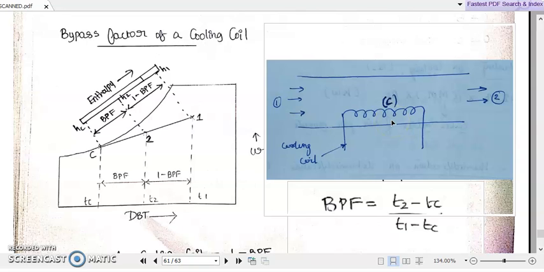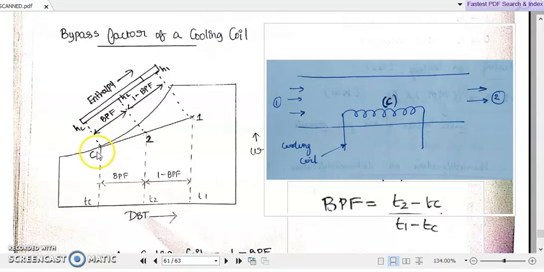The excess water vapor content in the air molecules which touch the surface of the cooling coil will get condensed, and whatever air molecules touch the surface of the cooling coil will suddenly become saturated. So that is why the point C is represented on the saturated liquid line.